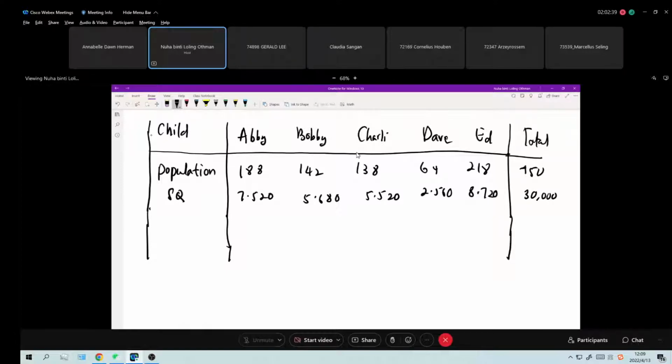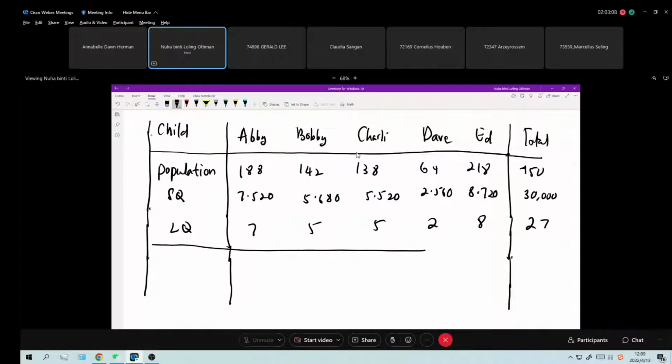Based on the Hamilton method, because paradoxes happen only when you implement the Hamilton method, for the lower quota we give you 7, 5, 5, 2, and 8. So that is 27. As you know, you have fractions in the Hamilton method.